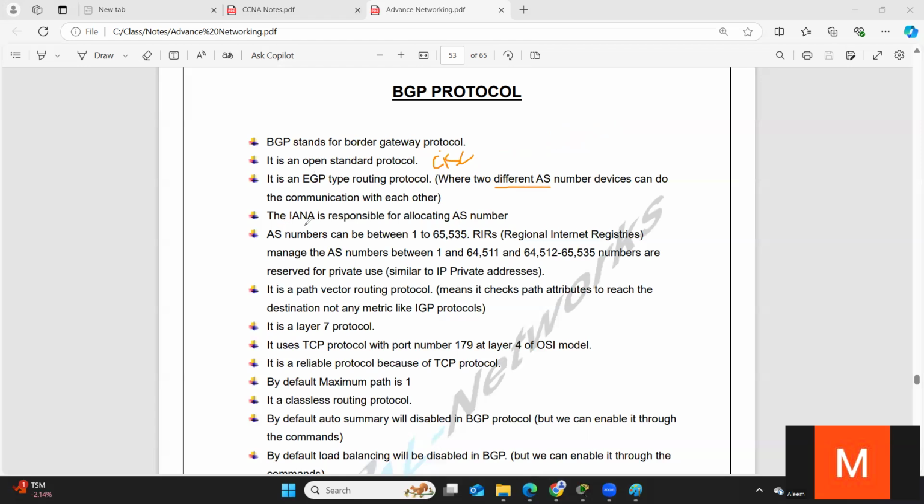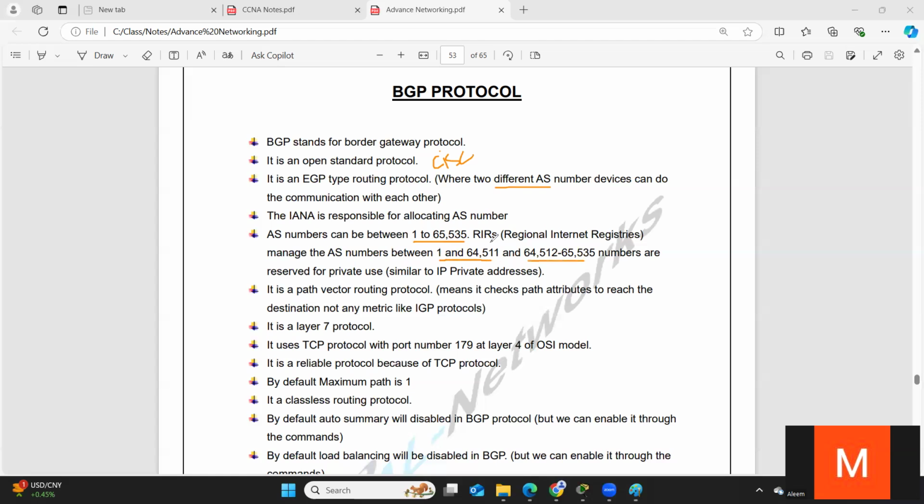So who will provide the AS number actually? IANA, the Internet Assigned Numbers Authority, is responsible for allocating the AS number. We have a range of numbers, and in that range we have two types of AS. One is a public AS, another one is a private AS.